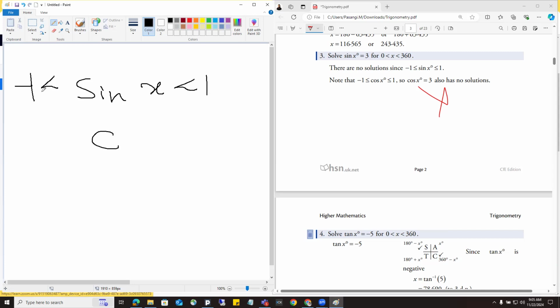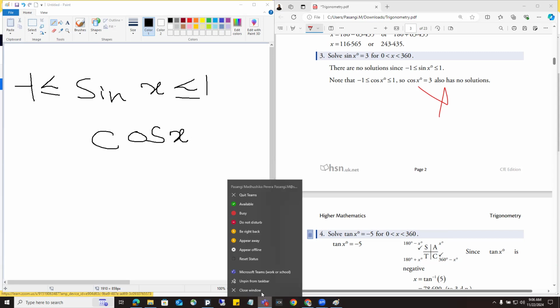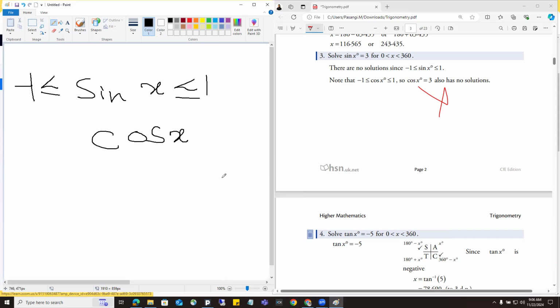That's how it works. And cos x is also in between -1 and +1. That's how it works. Because of that, for the third question, there are no solutions.